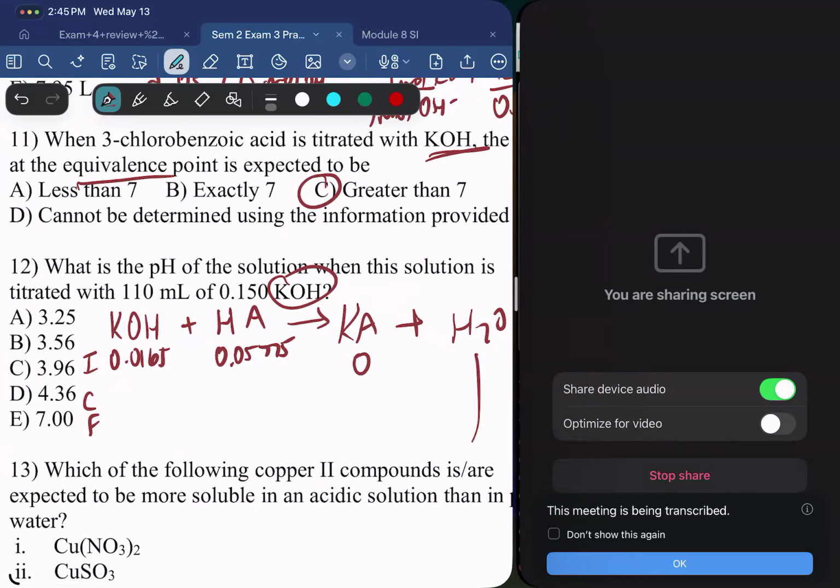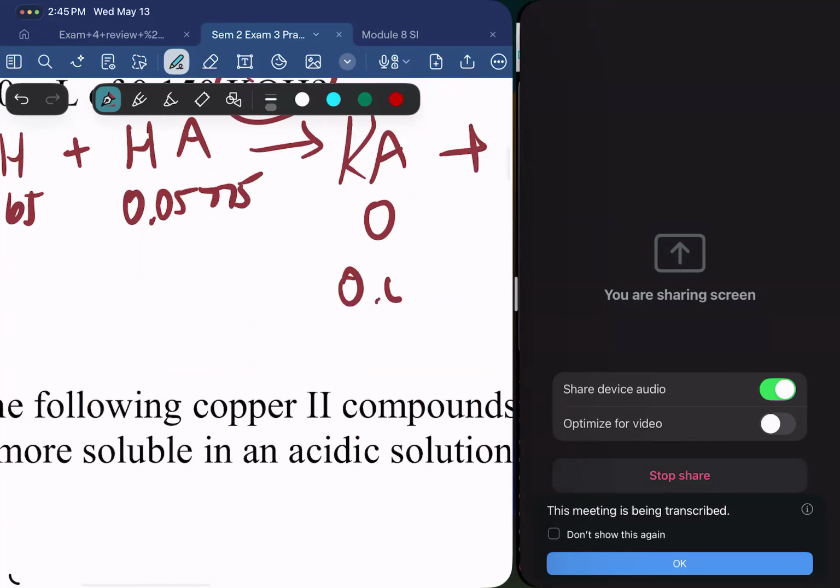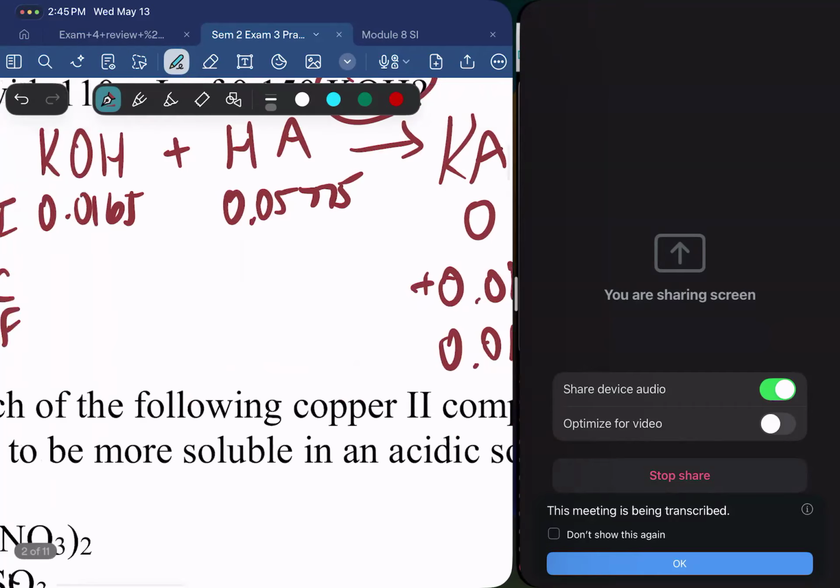So we're going to subtract 0.05775 by 0.0165. This is going to be 0.0165 mole here, and here it's going to be 0.04125. So we're subtracting here. And then this cancels out, right?